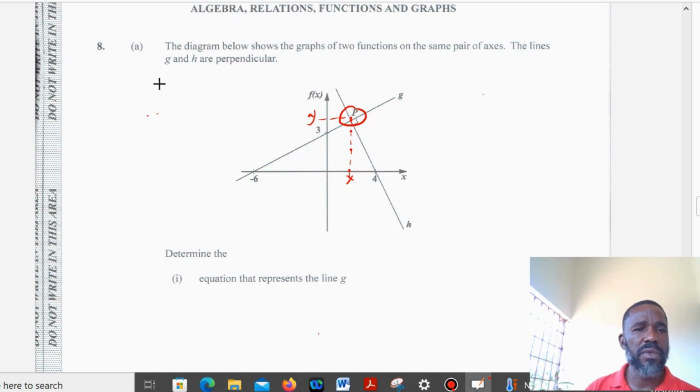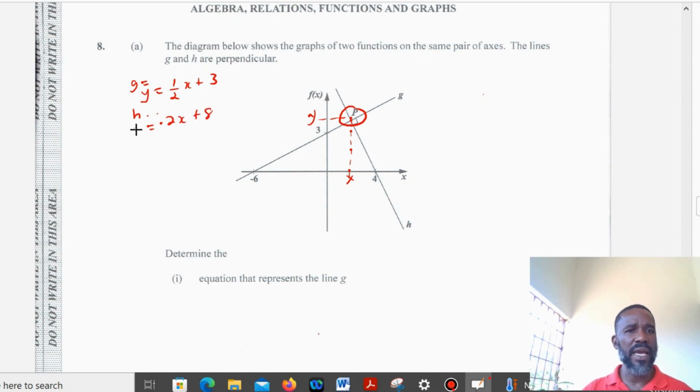All right, so the first equation was for g. The equation for g was y equal to half x plus 3, and for h the equation was y equal to negative 2x plus 8.